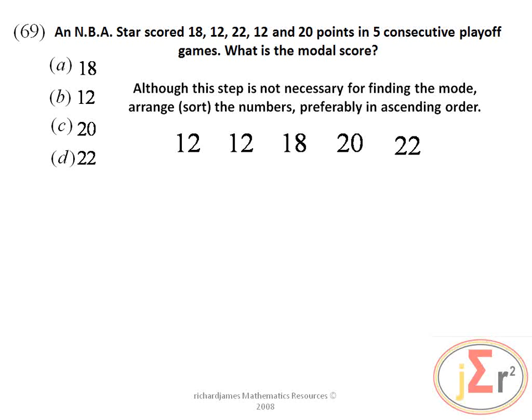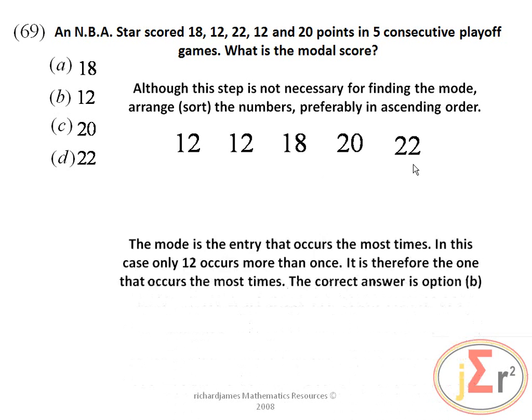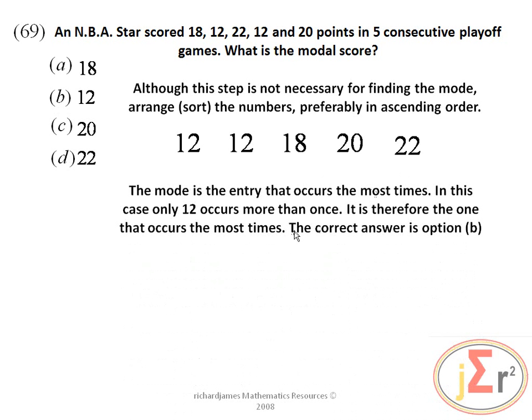So we have them sorted, with the smallest going first and the largest last. The mode is the entry that occurs the most times. In this case, only 12 occurs more than once. It is therefore the one that occurs the most times. The correct answer is option B.